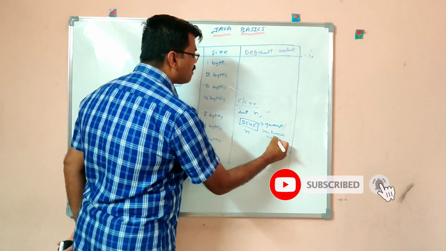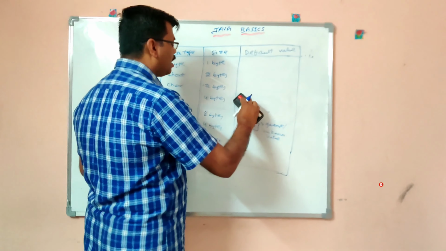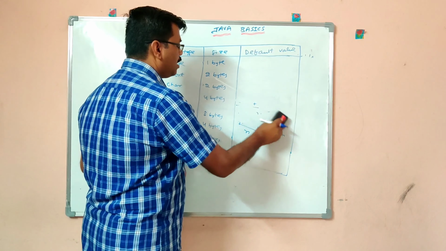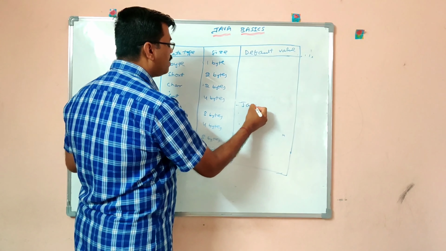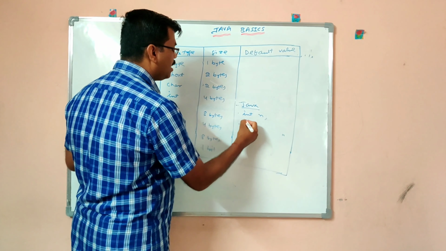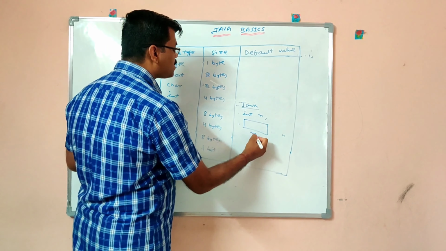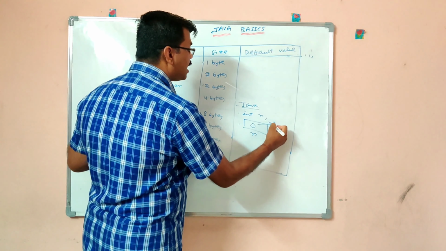But in the case of Java, there is no concept of garbage values. So in Java, if you declare a variable like int n, it is going to allocate some memory space for n, and the value it contains is 0, which we call the default value.